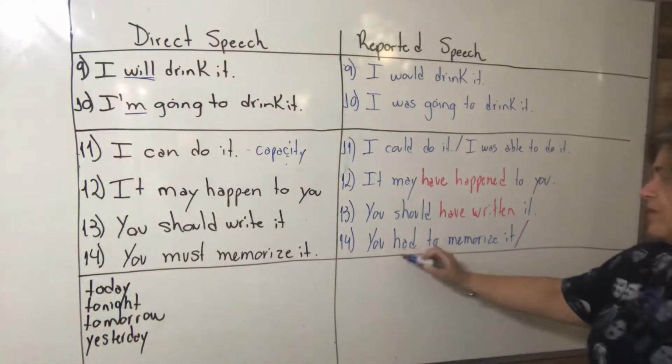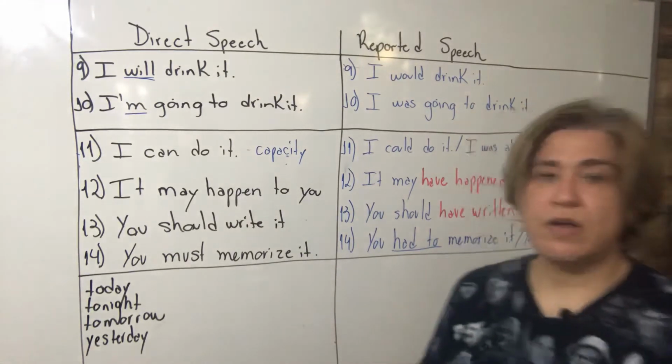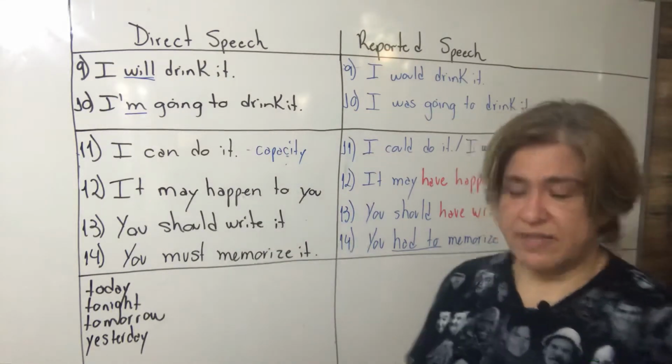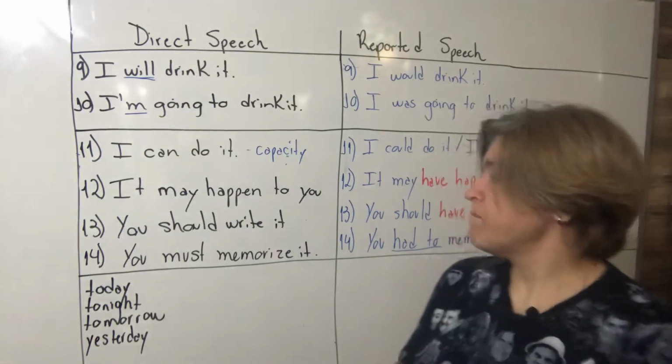Or if you don't want to use had to, you were allowed to memorize it. So you can use were because I'm using you, right? Were allowed to. Verb tenses, that's the way I believe I might help you, okay?